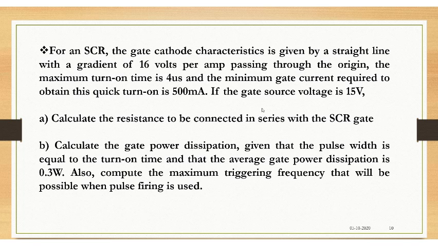From Kirchhoff's law, try to see what parameters you have there, and try to find out the unknown parameters from the given parameters. I'm giving you all hints here. And finally, calculate the gate power dissipation. Just now you have recalled the expression we discussed. So go through this and try to answer this question.